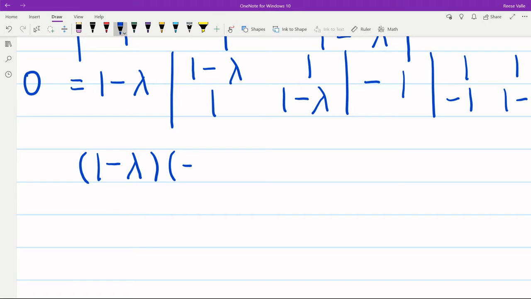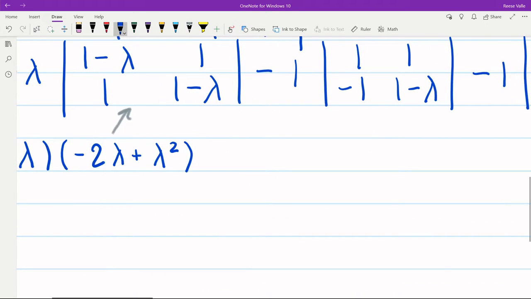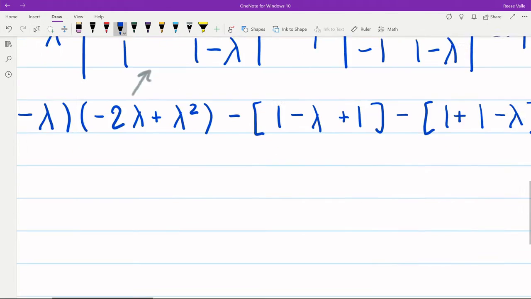So it's going to be negative 2 lambda plus lambda squared for this top determinant. Then it's going to be minus 1 minus lambda plus 1, another 1 plus 1 minus lambda for that term right there.